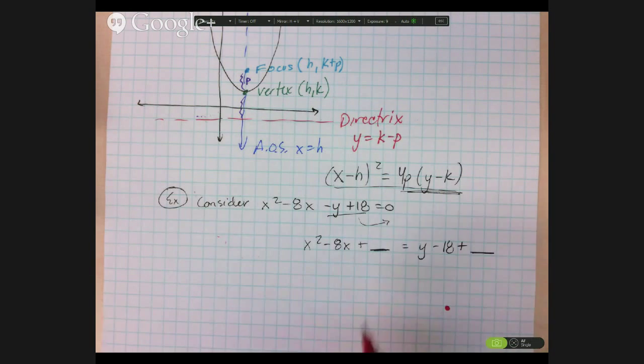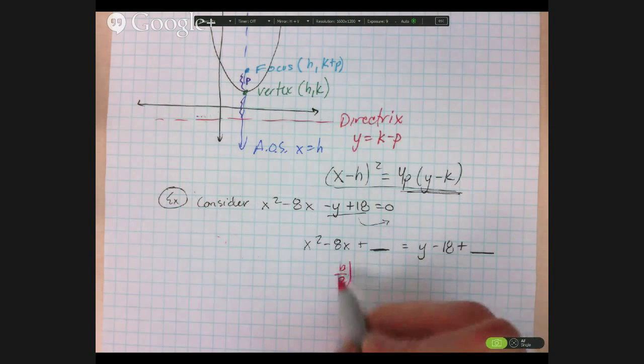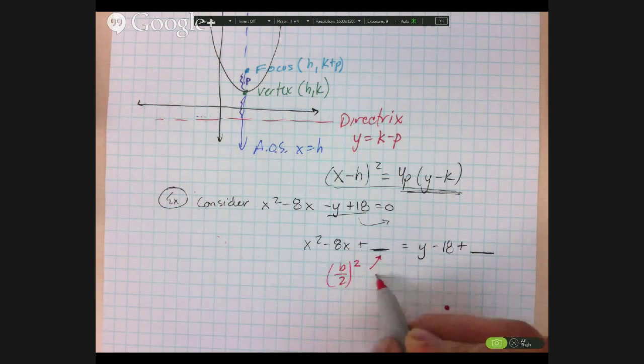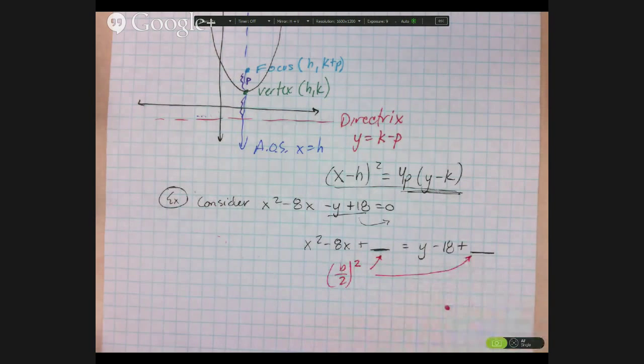How do I complete the square? The b over 2 squared goes here and here. It's -8.